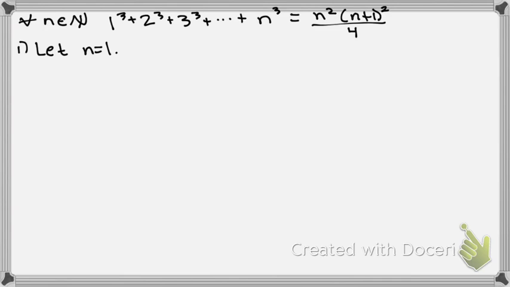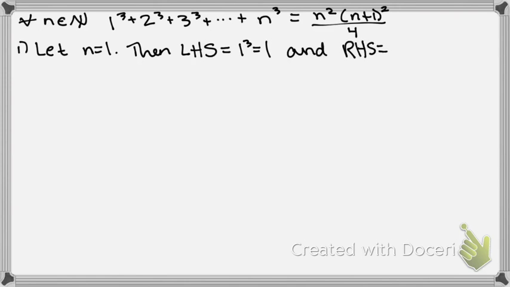So the left-hand side equals 1 to the third, which is 1. And the right-hand side equals 1 squared times (1 plus 1) squared divided by 4, which is 1 times 2 squared over 4, which is 4 over 4, which equals 1.